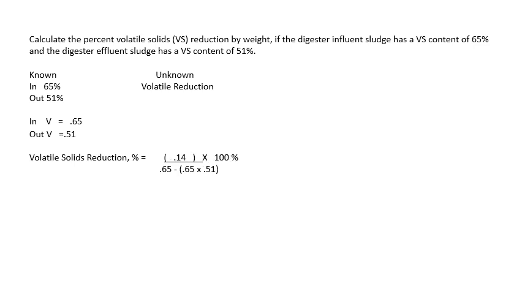I'm going to solve for the bottom bracket of 0.65 times 0.51, and you get 0.3315. Subtract that from the 0.65, so 0.65 minus 0.3315, and you get 0.3185. So next we're going to divide the 0.14 by the 0.3185. You get 0.439. We're going to multiply that by 100%, and we rounded it and got the answer of 44%.